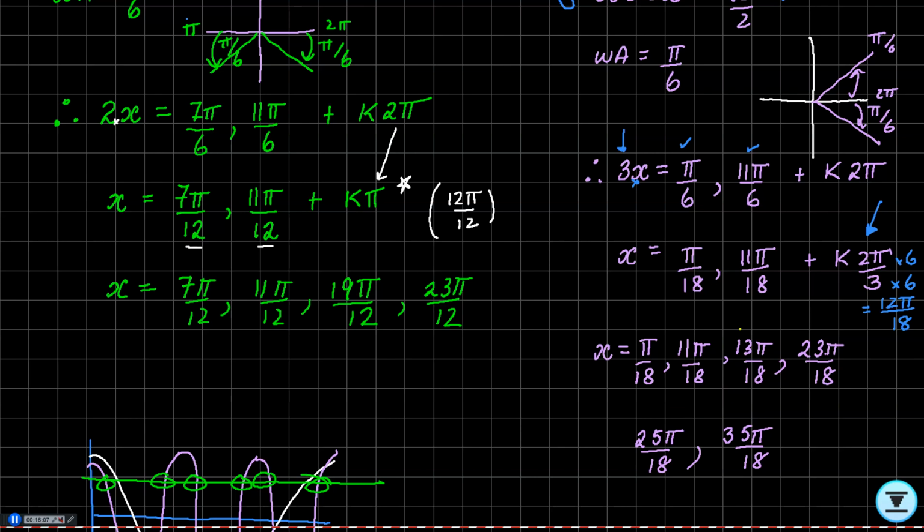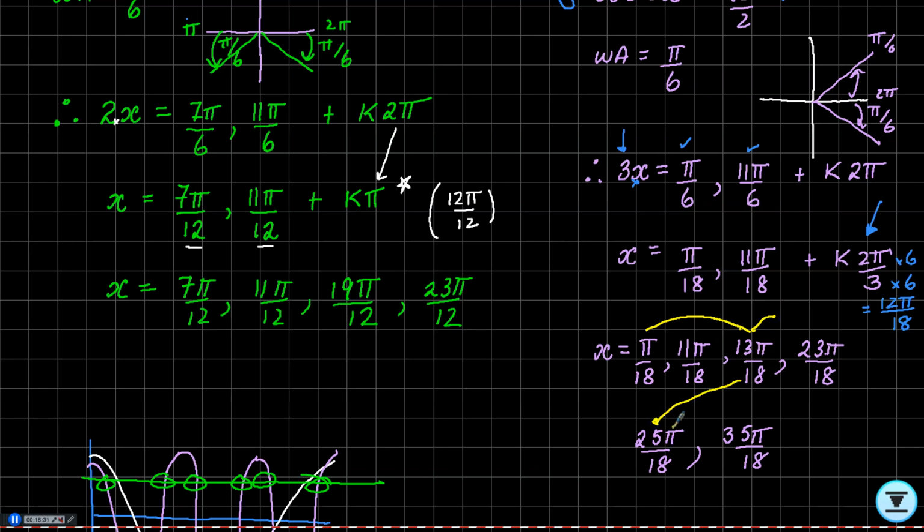Okay, so we've got our original 2 answers here. So now I'm going to add 12. That's 1 pi plus 12 is 13 pi on 12. Okay, 11 pi plus 12 is 23 pi. And then I'm going to add 12 again to this one, and its little buddy is there.